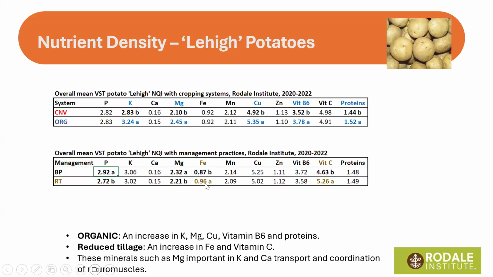Here we start to see iron is getting better under reduced tillage, and vitamin C is really becoming higher and greater in the reduced tillage. So this information is very valuable because we want to see what we will be recommending in the future for growers and lands to be cultivated and be producing potatoes or winter squash or other crops.